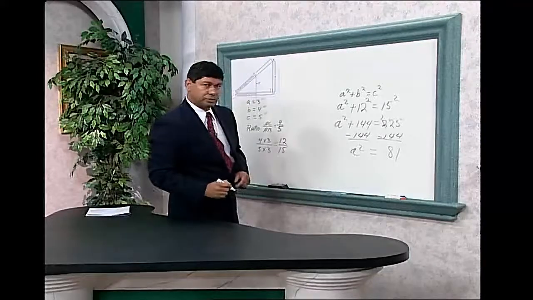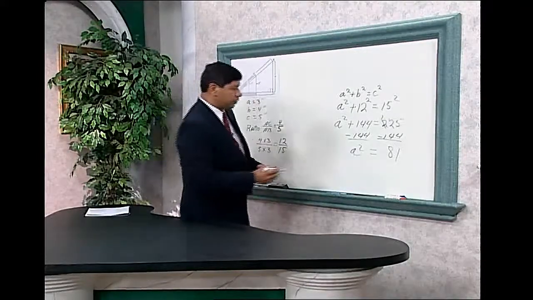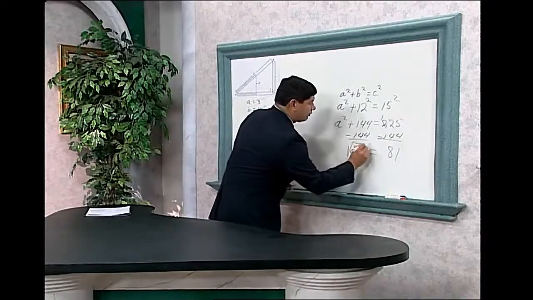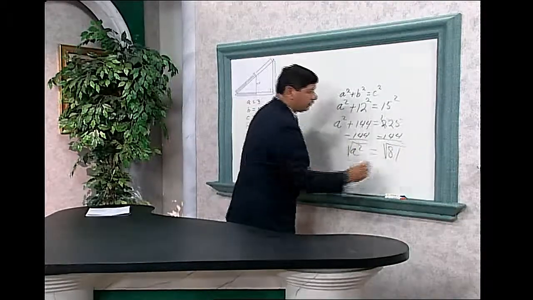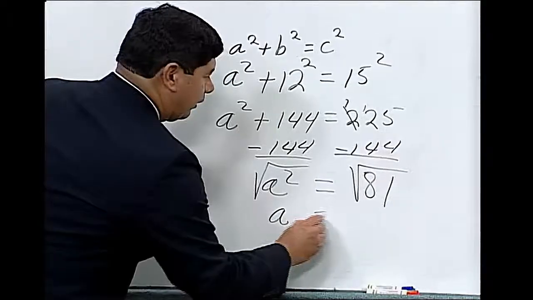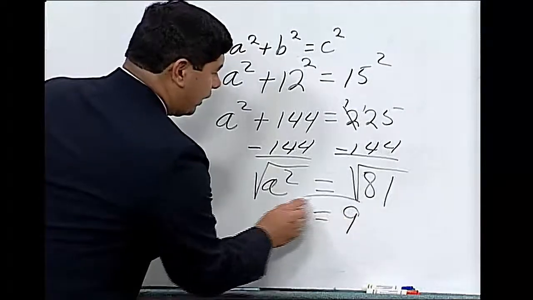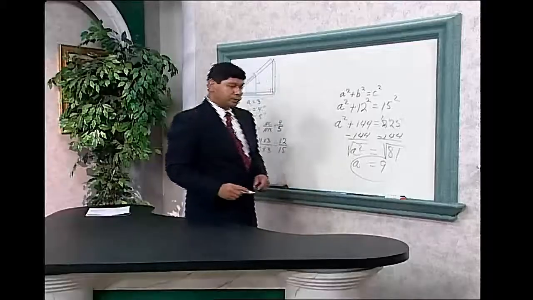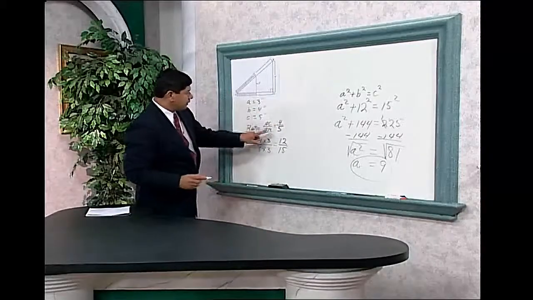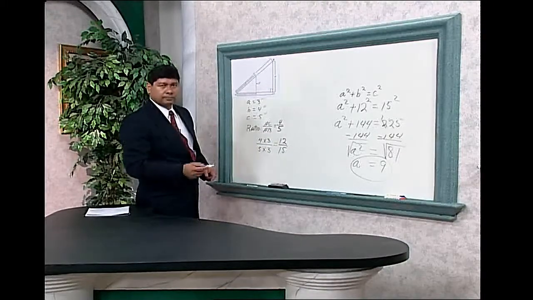A squared is equal to 81. What we need to do now is find the square root of A squared, and the square root of 81. The square root of A squared is equal to A. The square root of 81 is equal to 9. So A is equal to 9, and indeed, that does prove the proportionality of this triangle.